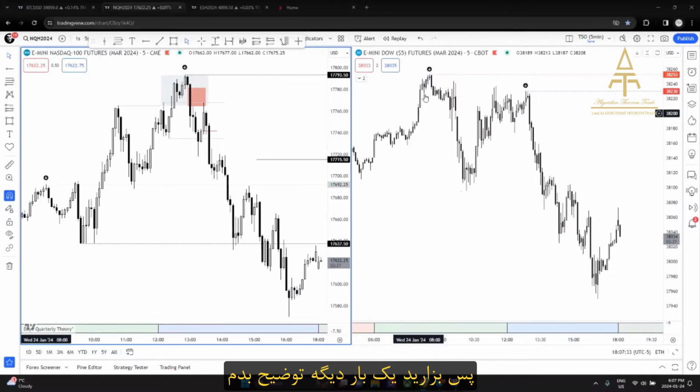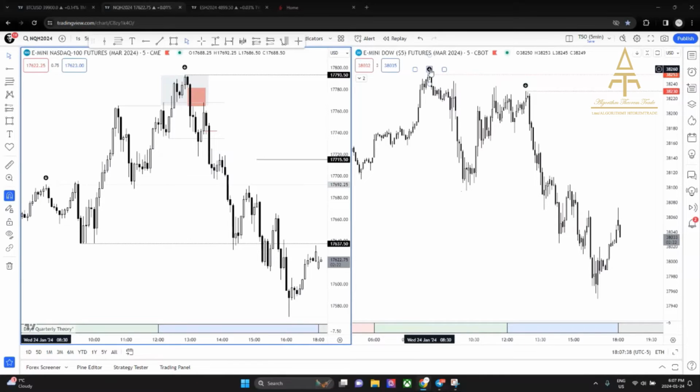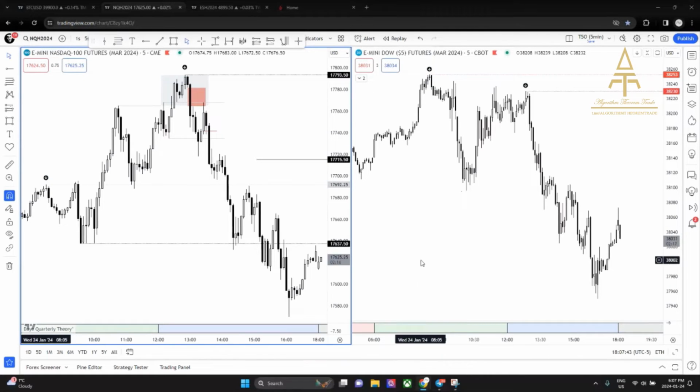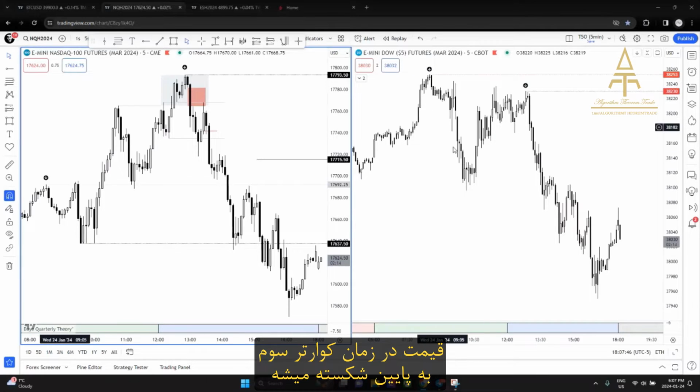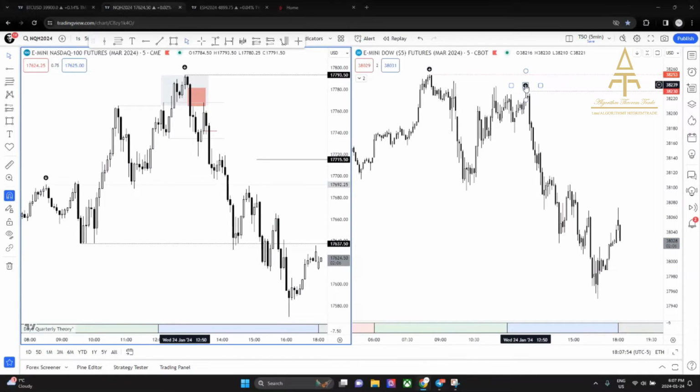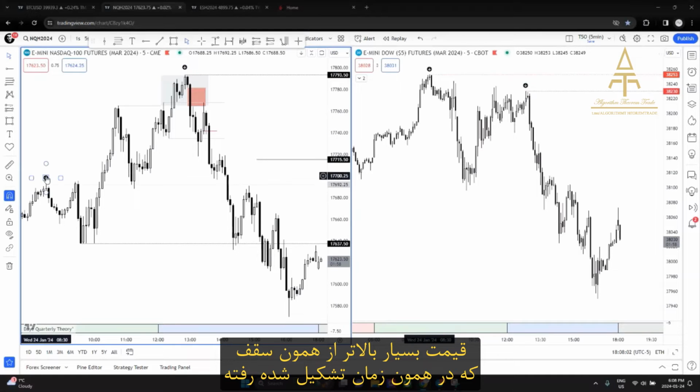Let me go over that again. You have this higher high forming here, Q3. Price breaks down during Q3, trades up during Q4, fails to break this high. While over here, you have price trading way above this same high, which formed at the same time as this.